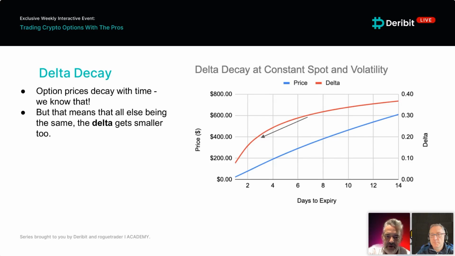And as time passes over the 4 days, from 7 days to 3 days to run, that delta is decaying faster and faster. So that delta decays from minus 0.3 to minus 0.2. So if we were delta hedged, over those 3 or 4 days we can actually start unwinding parts of that future and stay just as comfortable as we were.